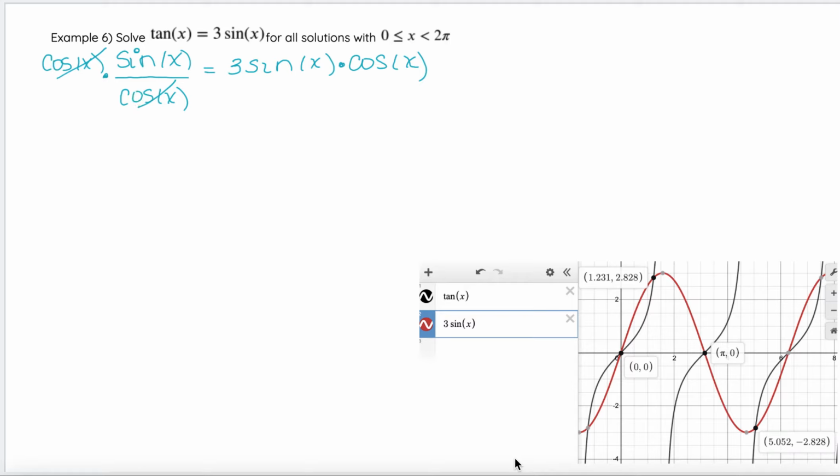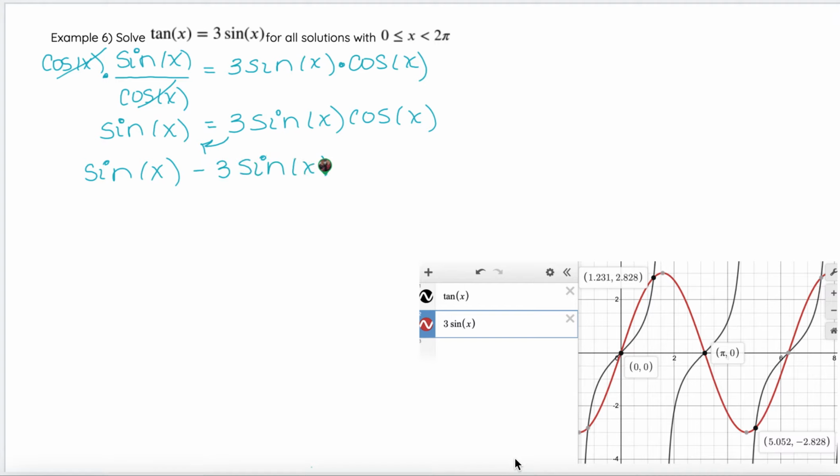This also then provides us with sine of x equal to 3 sine of x times cosine of x, where I'm going to bring this 3 sine of x cosine of x to the left-hand side. 3 sine of x minus 3 sine of x cosine of x, setting it equal to 0.